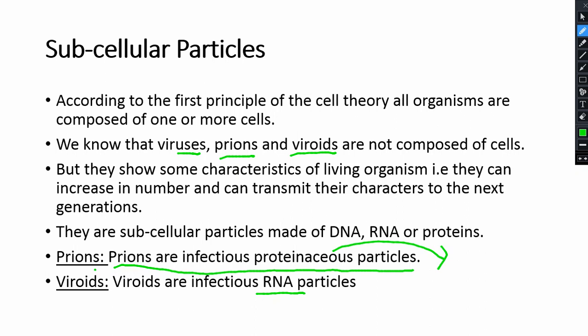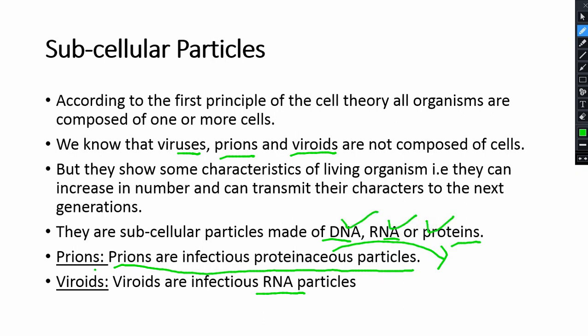They say that they are subcellular particles made up of DNA, RNA, or protein. So these subcellular particles do not have cells. But why are they called subcellular particles? Because if you look into an ordinary cell, or a general cell, there is protein, there is RNA, and there is DNA.